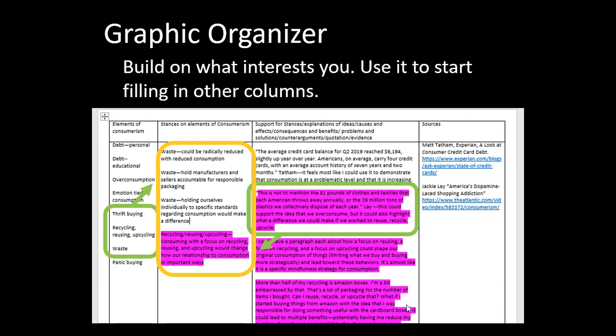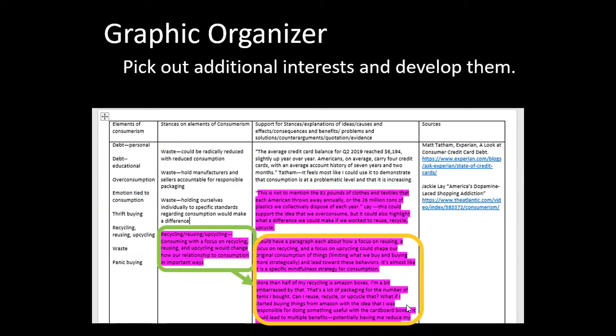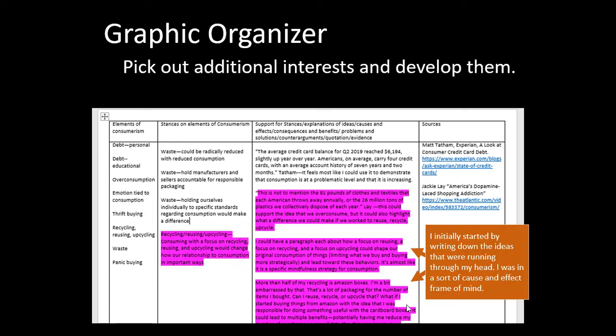And then once I came up with what interested me in that stances column, what got me thinking, I focused in on that. And then I started writing more. It's like, okay, so if I were going to write about this or talk about it, how would I talk about it? How would I support this stance? And so I just started writing.